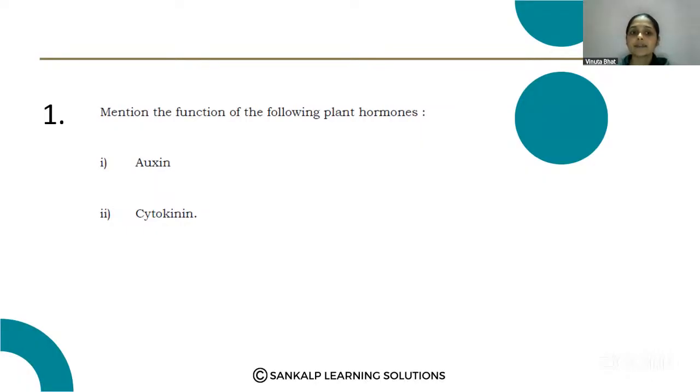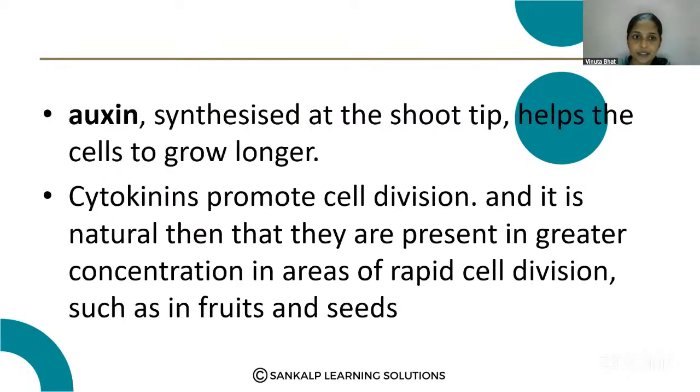Cytokinin causes active cell division and also helps growth. Very important. Cytokinins promote cell division, and naturally they are present in greater concentration in areas of rapid cell division, such as in fruits and seeds.